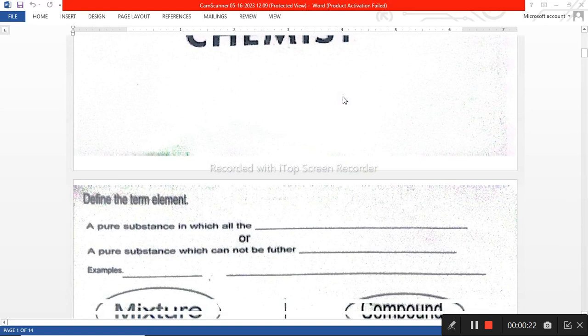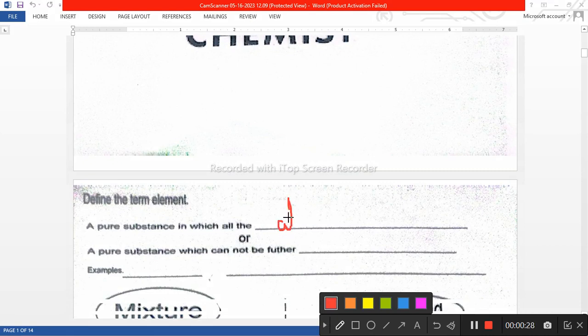Define the term element. What is an element? A pure substance in which all the atoms are the same. The next definition is a pure substance which cannot be further split or divided.